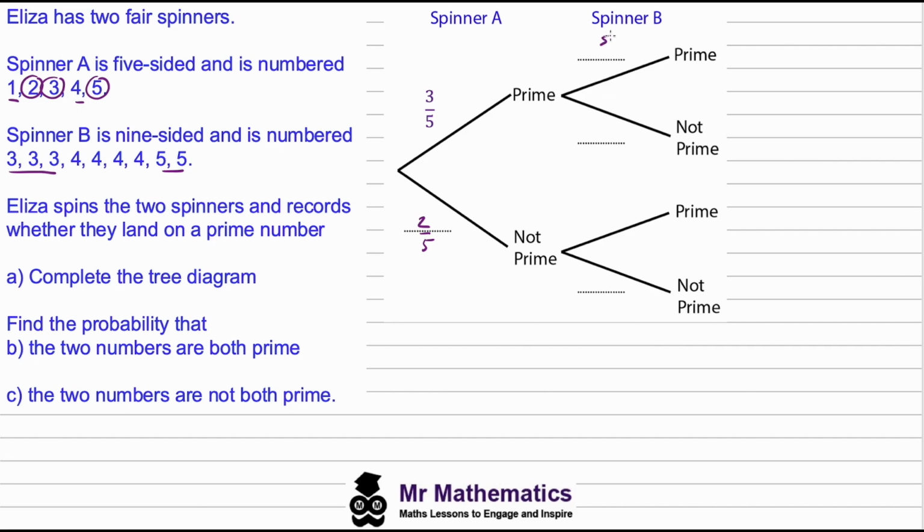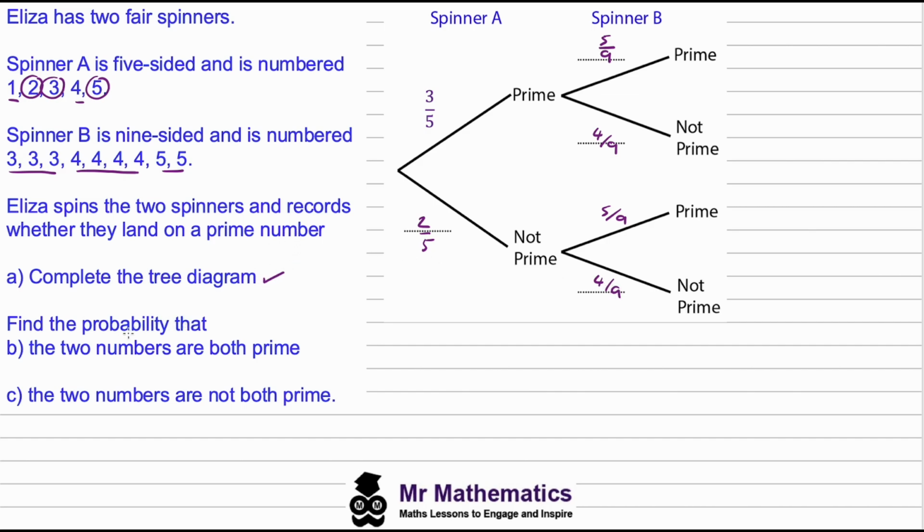So there's 5 primes out of 9 in total, which means there will be 4 which are not prime. And again, they're mutually exclusive, so they should add up to 1, which they do. And it doesn't matter if you get a prime here or not prime, you'll get the same probabilities if you got a not prime on spinner A. So that's our tree diagram.